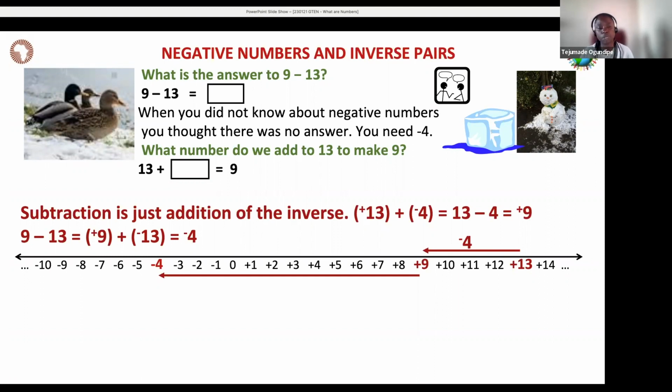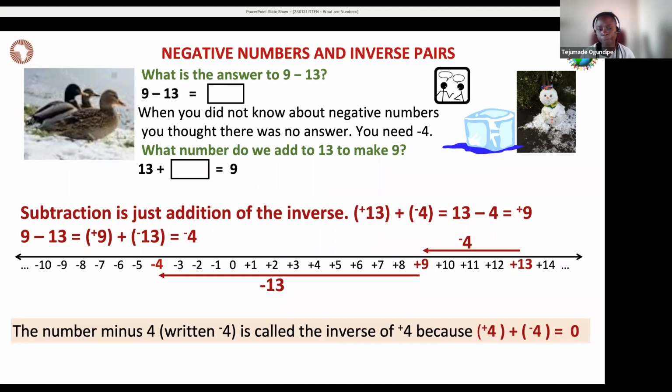And that is basically what we've just explained. Subtraction is just addition of the inverse. So the number written as minus 4 is called the inverse of 4, because when you have 4 plus the inverse of 4, you get 0.